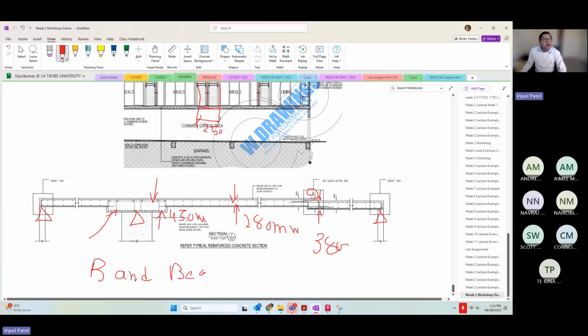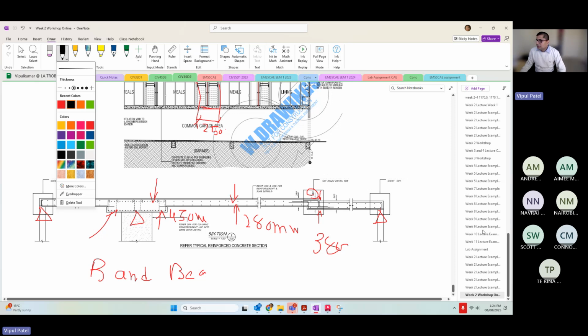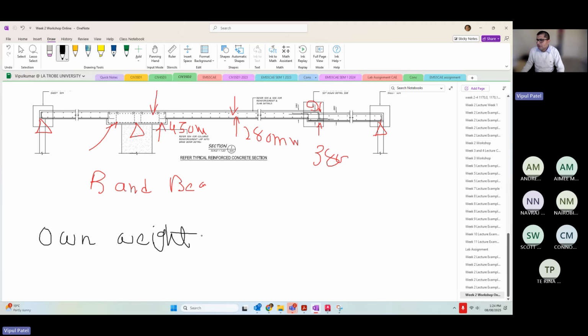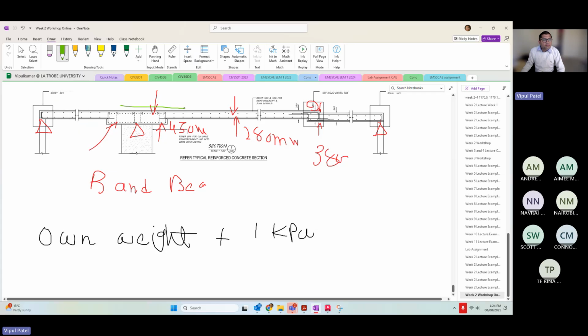So we need to have its own weight of the slab and superimposed dead load of 1 kilopascal, which will account for flooring, weight of tiles, below-service pipes, that will be given. So what we're going to do, we're going to calculate the own weight of the slab. Own weight of the slab, you know the density of the concrete 24.6 or 25 we can take, plus we're going to put 1 kilopascal extra on that one because the slabs will have some kind of flooring materials like tiles and all.